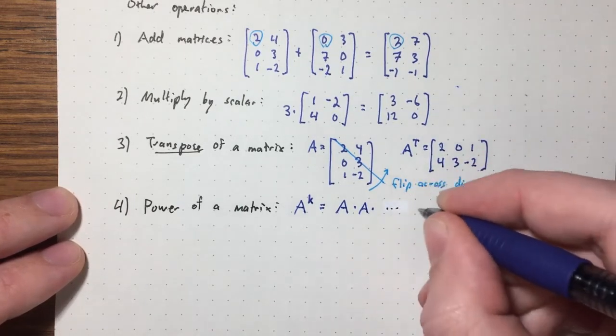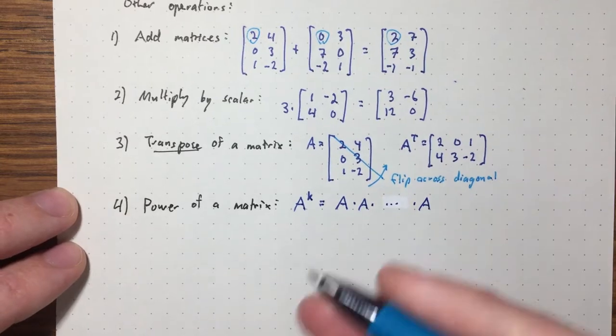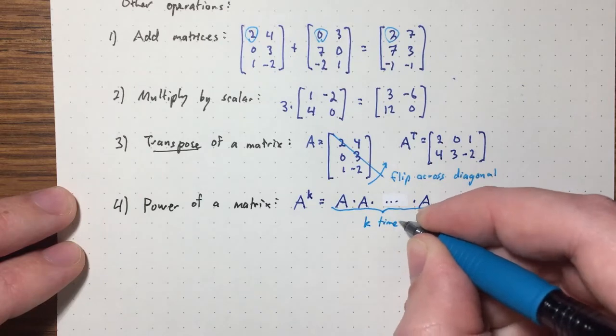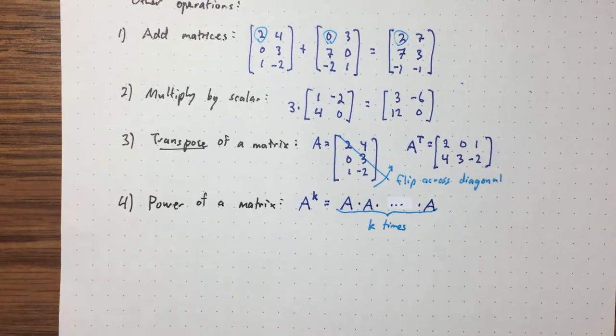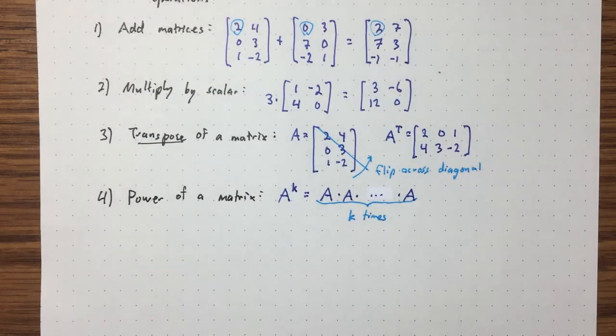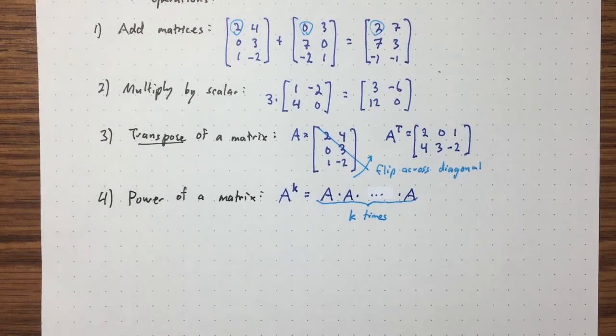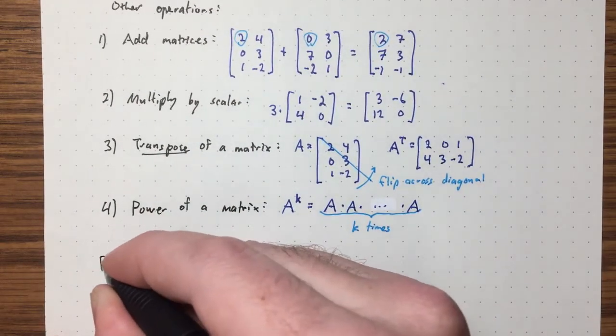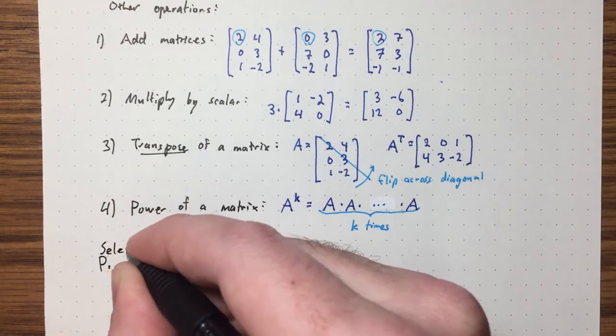A times dot, dot, dot, times A. And we're doing this k times. You can even do really crazy things, like you can do e to the power of a matrix, which is defined, probably the way you define that is by the Taylor series, but we're not going to get into that. So let's just talk about a few selected properties using these various operations.